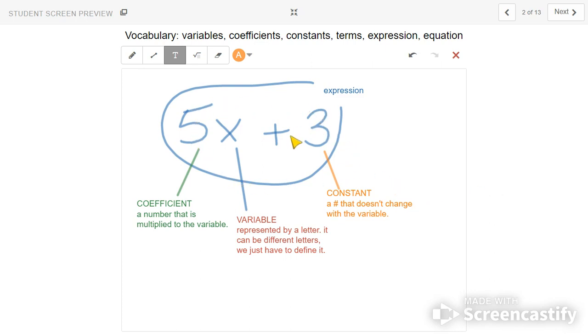And we can look at this expression and classify it by the number of terms. A term is a segment of the expression or an equation, and it's separated by an operator, such as an addition, a subtraction sign, or an equal sign.